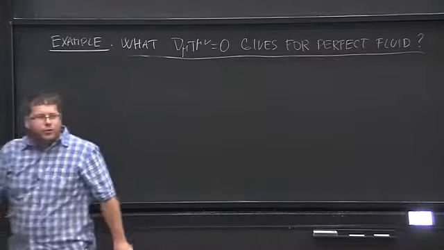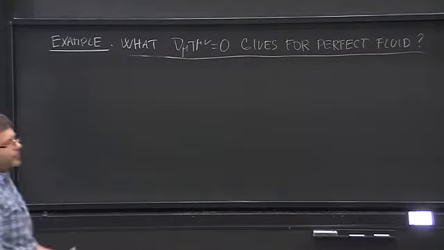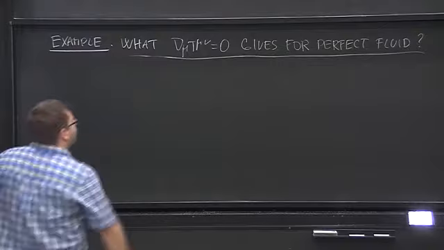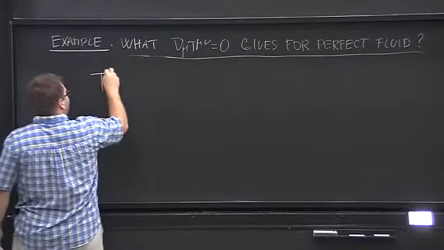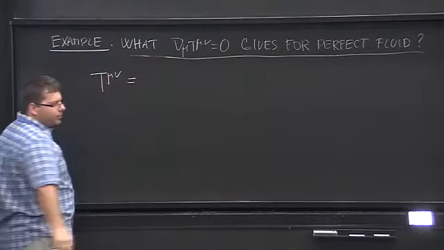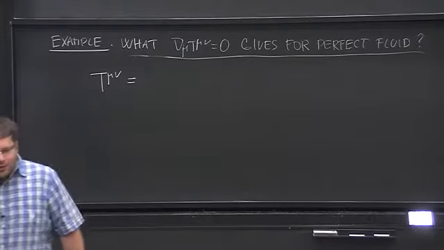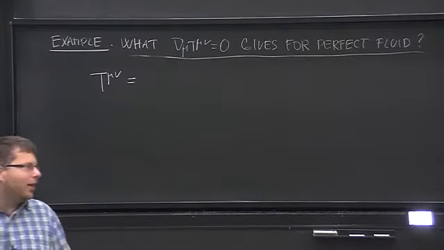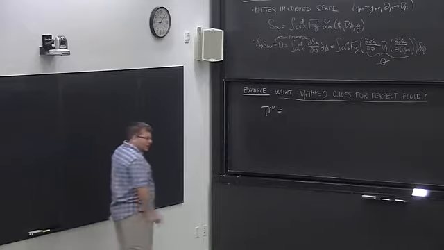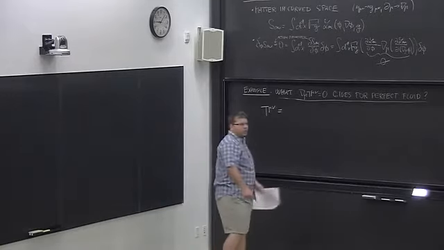Just to look at what this equation really means. Now for this I have to write down what the energy momentum tensor of the perfect fluid is. The perfect fluid is something which has some velocity flowing in the spacetime. It has some energy density, and there's also some isotropic pressure.